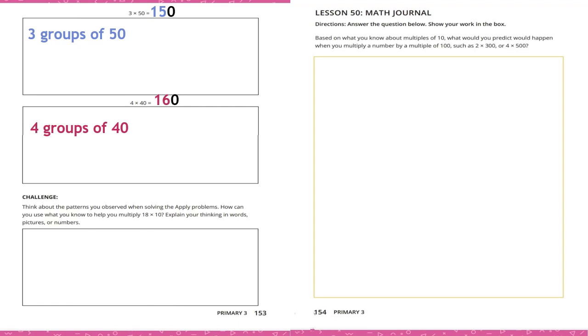We said before, if we have any zeros in factors, I can take zeros out and start to solve the remaining. 2 times 300, I will take zeros out, and 2 times 3 equals 6. So the total is 600. We drop 2 zeros. Here, 4 times 500, I can take zeros out and drop 2 zeros, and 4 times 5 equals 20.